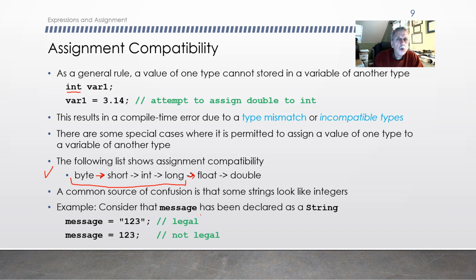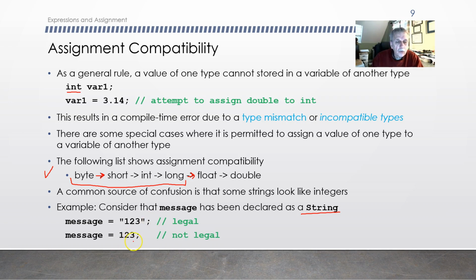So in that case, the 27 would be put within quotation marks, indicating it's a string, it's a character. So that's what we see here. If we assume that message has been declared as a string, then message can only receive or be assigned a string value. Quote 123 is a string literal. This assignment is correct. It's legal.